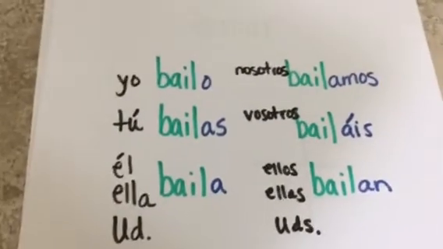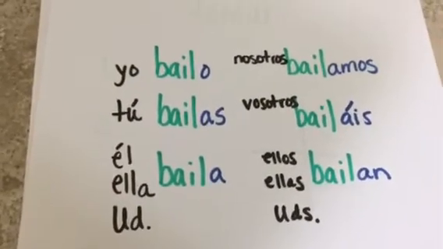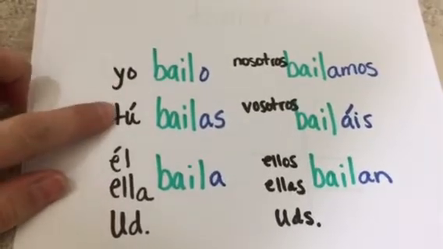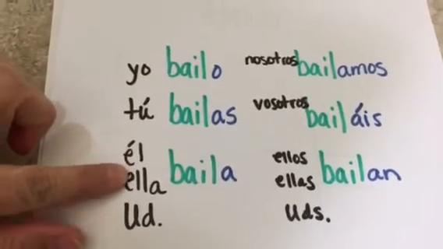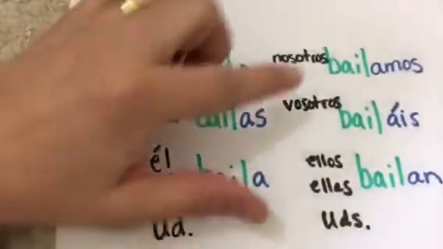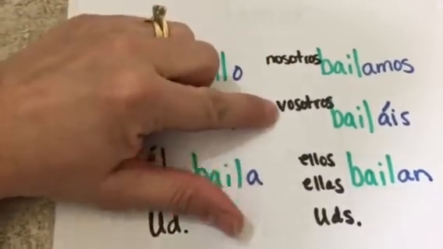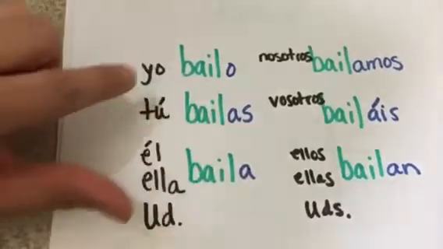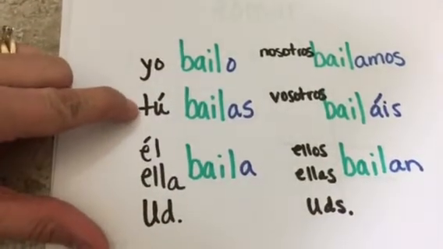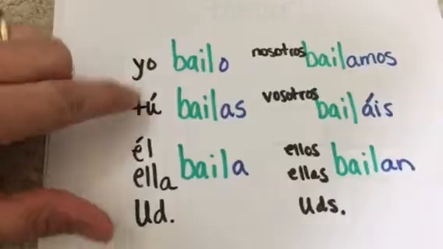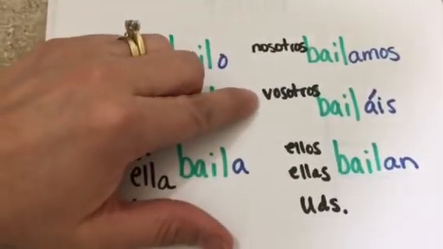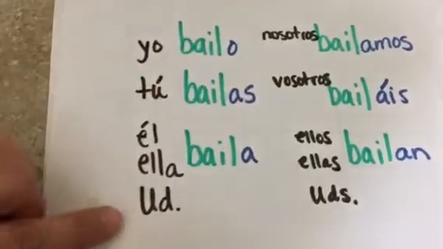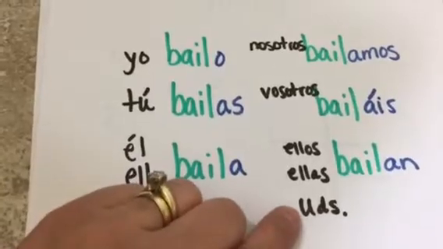In black I have my subject pronoun. There's I, you, he, she, and you. Over here I have we, you all, they, and you all. Remember that this is familiar, people you know, people your age. This is for the same but plural. This is formal, and this is formal.